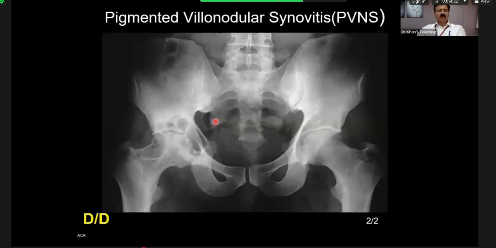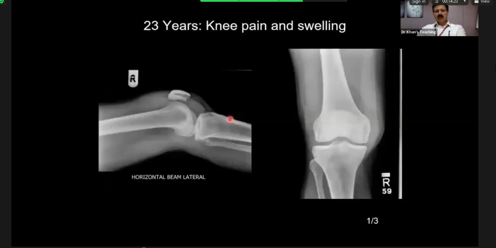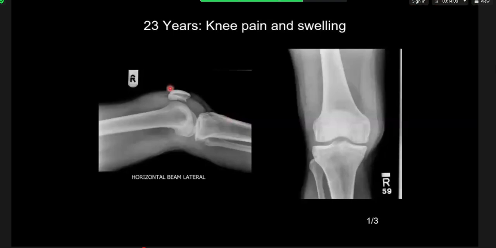Now, if you see here, candidate 3, yes. In this case, why is there echo? What is happening at your end? There is joint effusion.